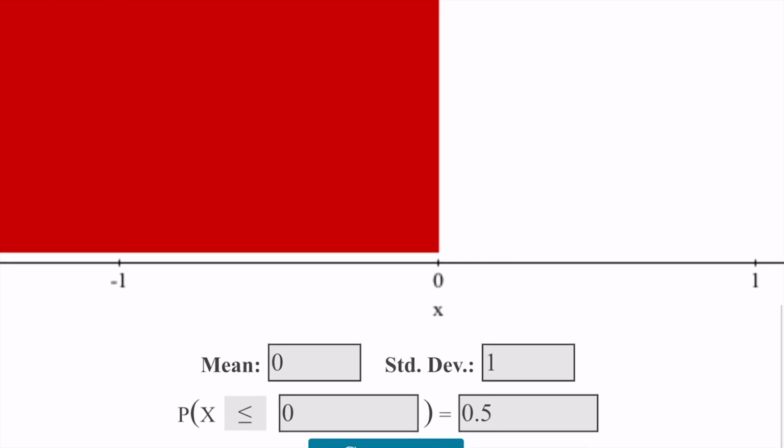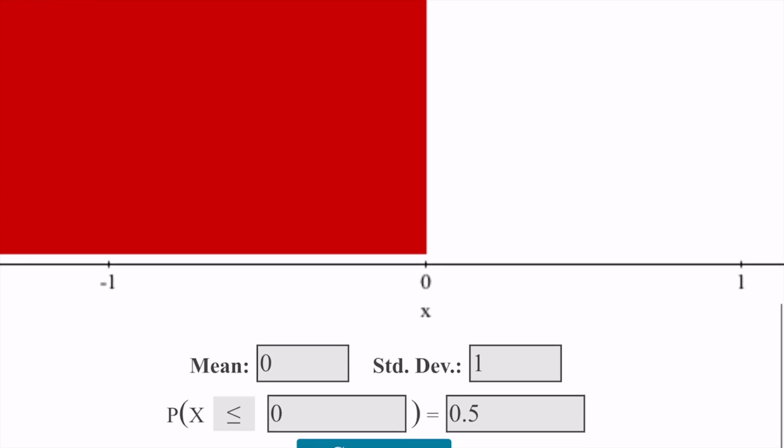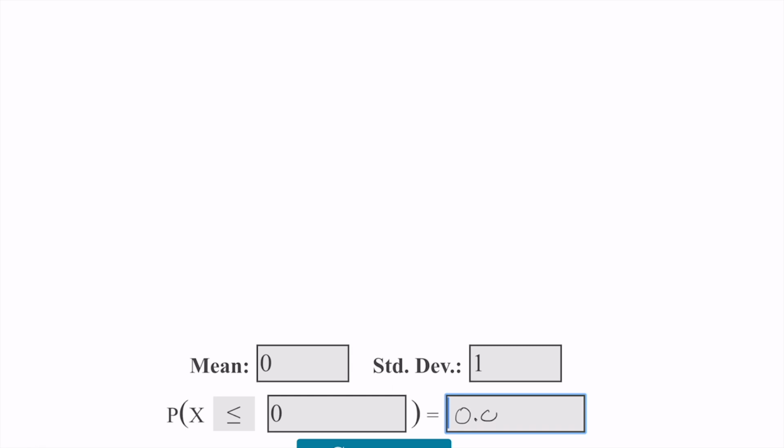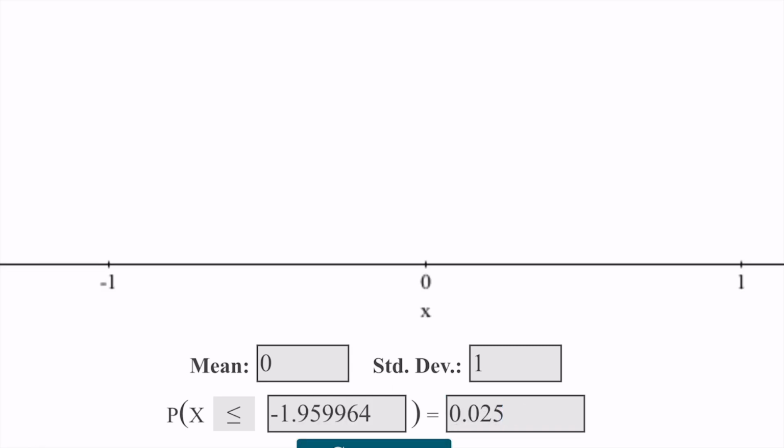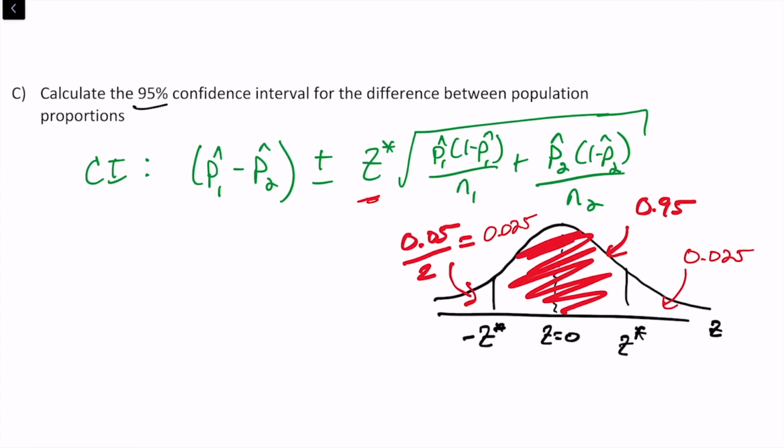All right, our mean is 0, our standard deviation is 1 because we're dealing with the standard normal distribution. We don't know the Z-scores, what we're trying to find, but we know the area to the left, we want that to be 0.025. So we type that in, we compute it, and we get the familiar negative 1.96, which means the Z critical that we're going to use is a positive 1.96. Always use the positive version. All right, so we have everything that we need.